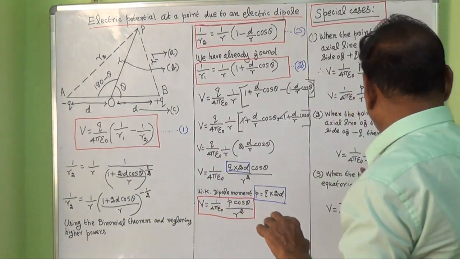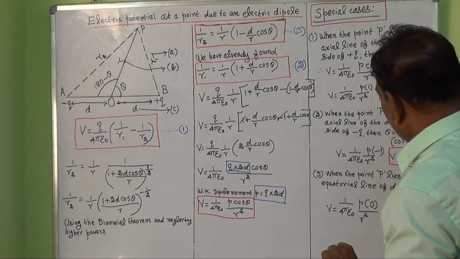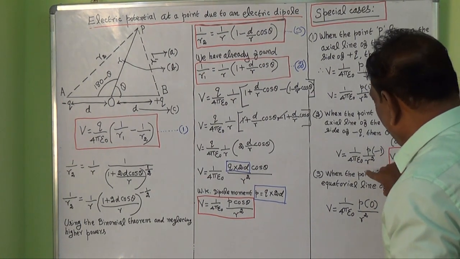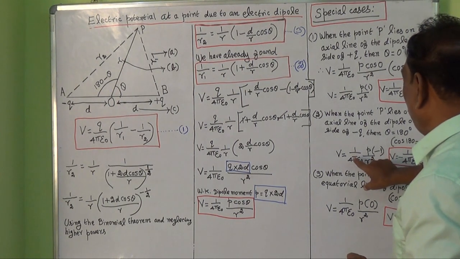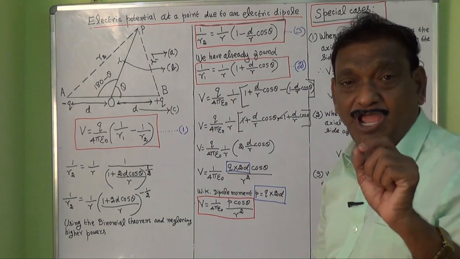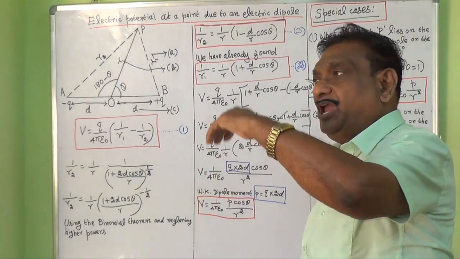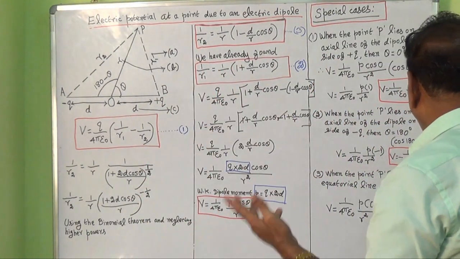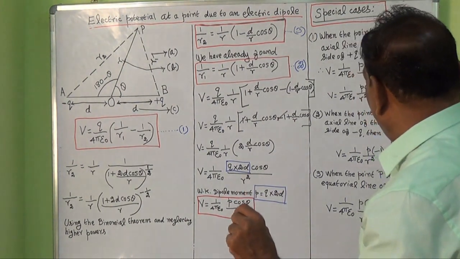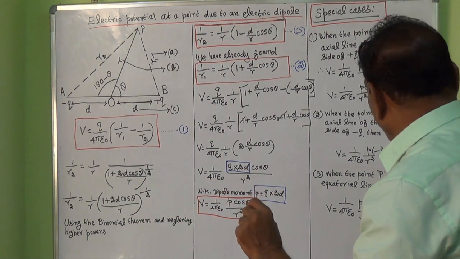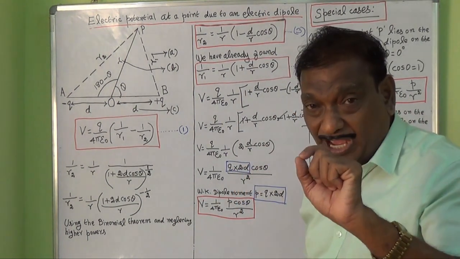So if we substitute minus 1 in the place of cos theta, we will get electric potential equal to 1 by 4 pi epsilon naught P by R square into minus 1. If we bring the minus sign in the front, we will get the electric potential capital V equal to minus 1 by 4 pi epsilon naught P by R square.